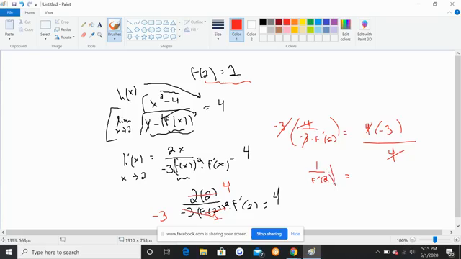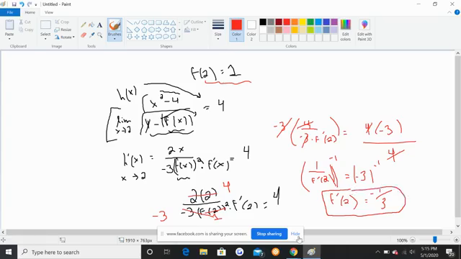Woohoo! Thanks, College Board. It is equal to negative 3. Sorry, this is getting sloppy. And now we just take 1 over f prime of 2 and invert it. So we get negative 1 over 3 is equal to f prime of 2. Boom. We got it.